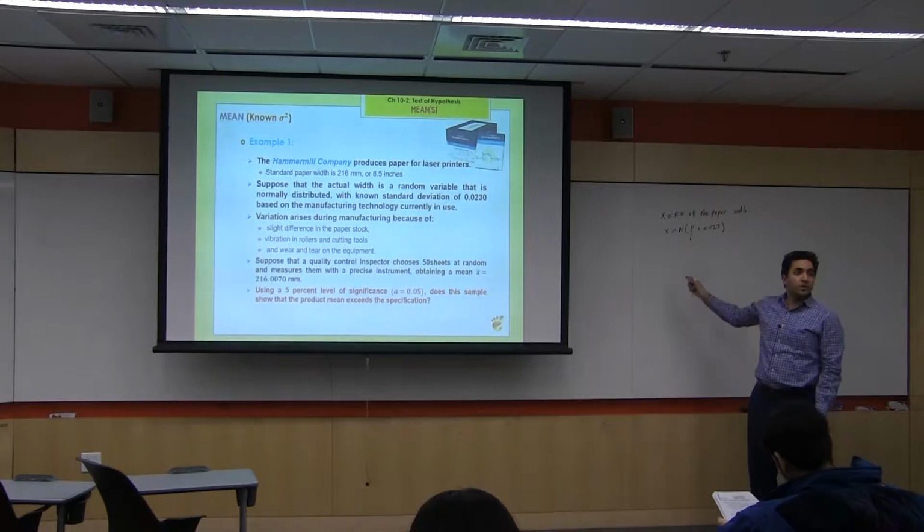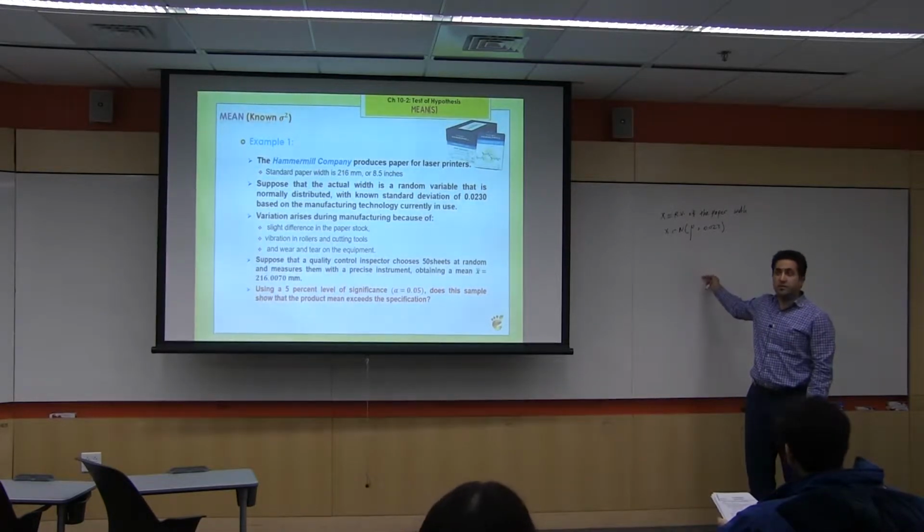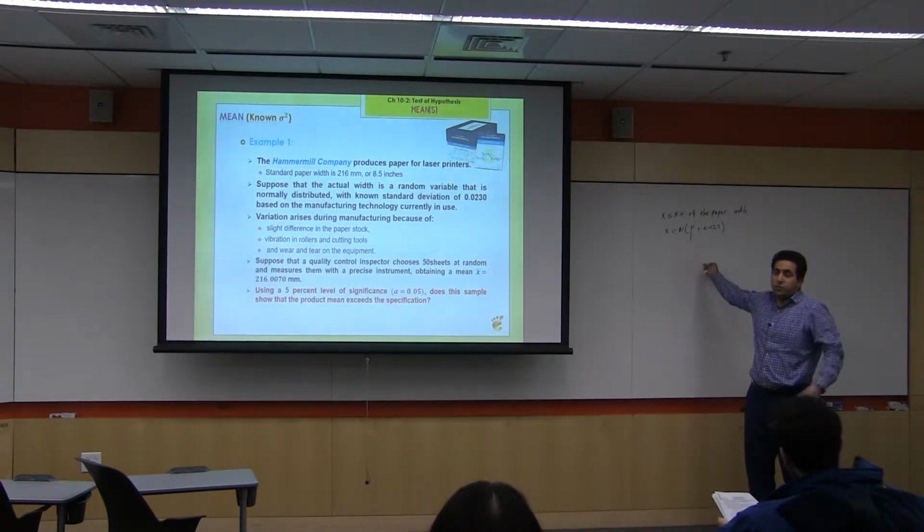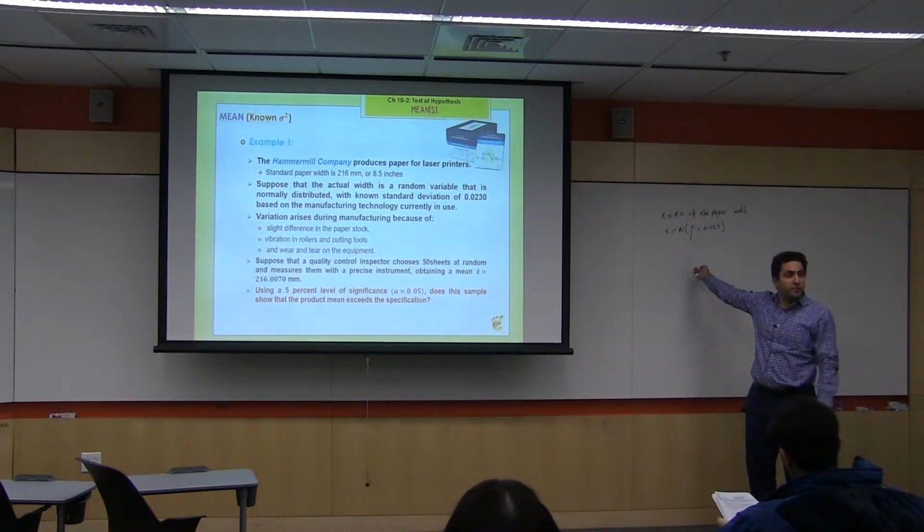I'm talking about the company's paper, not the standard. We don't know what the mean of the papers being produced by the company is. Therefore, we don't know what the mean is.